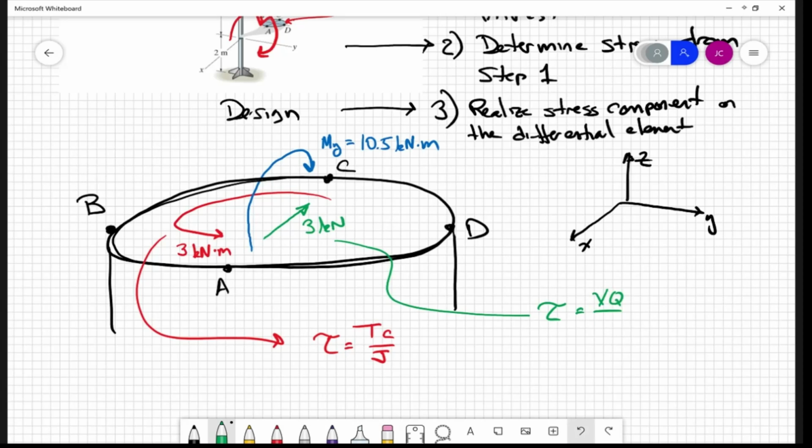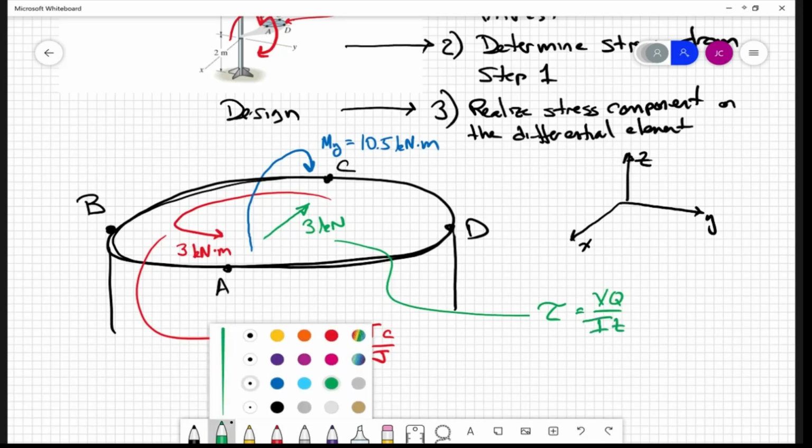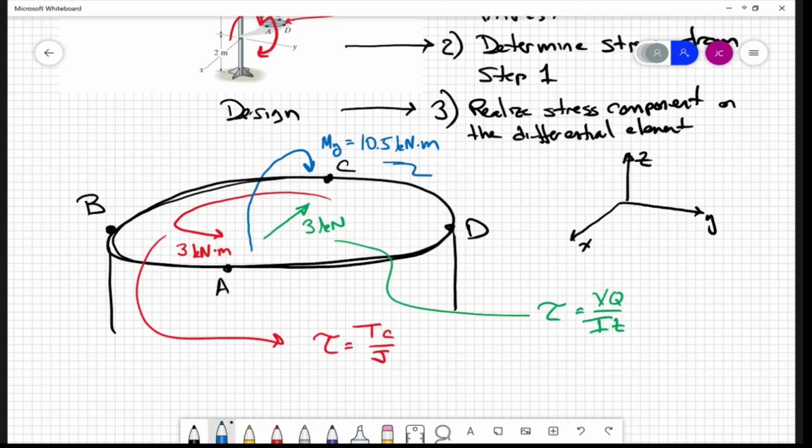And then lastly, the bending moment here is going to produce a normal stress of the bending type, MC on I. All right, so step 2, let's calculate those stresses, okay?